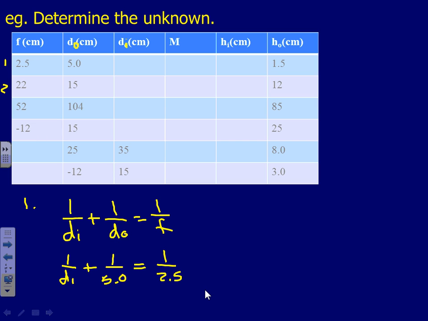Now, I need to find di. If I bring this to the other side, mathematically, what am I doing with that? Subtracting it. Good, I'm glad everybody's with me. So 1 over di is equal to 1 over 5 minus 1 over 2.5. Now, the answer is not 1 over 2.5 because these are fractions, which means we have to subtract them using the rules of fractions.